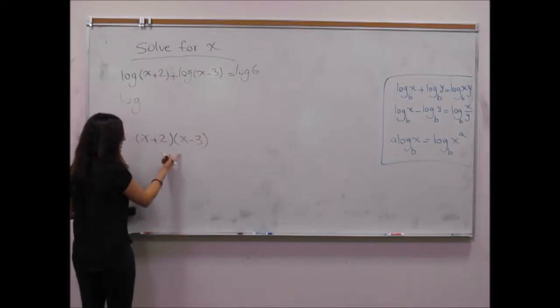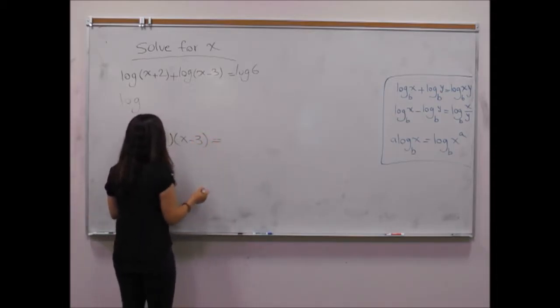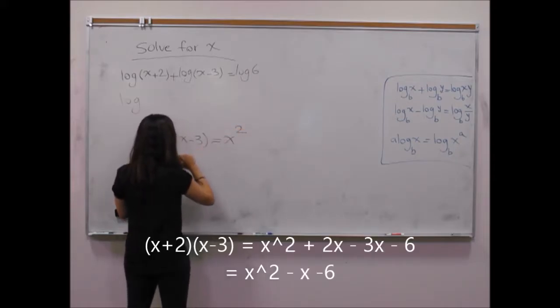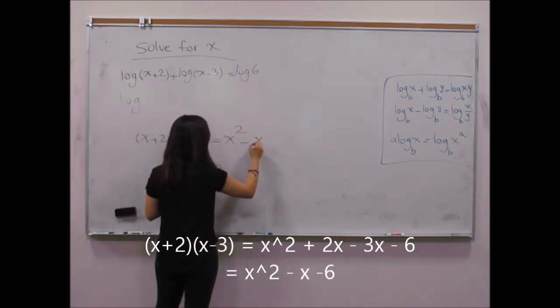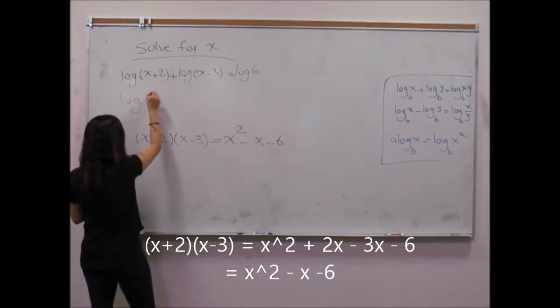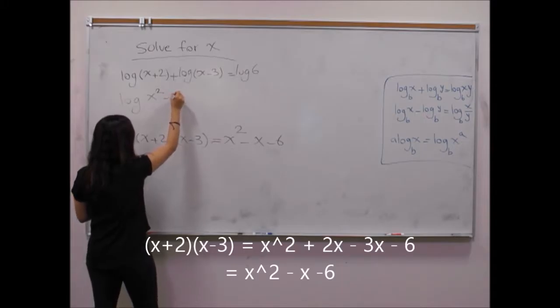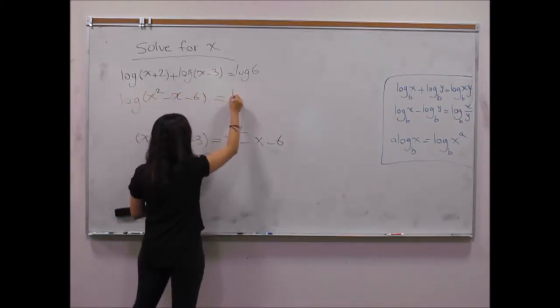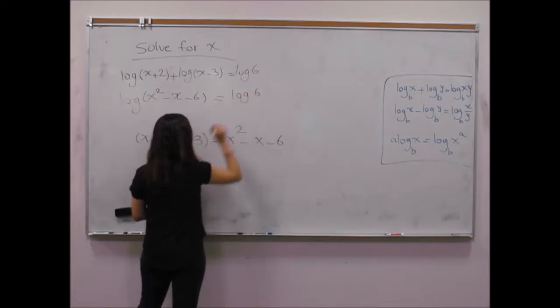You can FOIL this or whatever you do. So it's x squared minus x minus 6, and that is equal to log of 6.